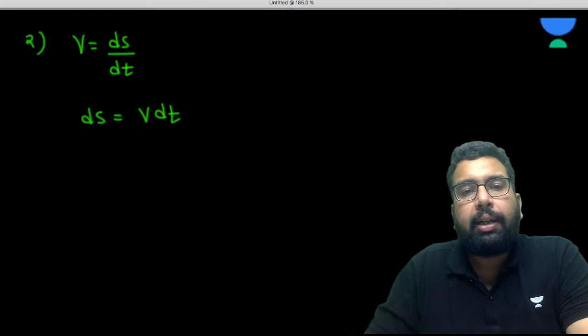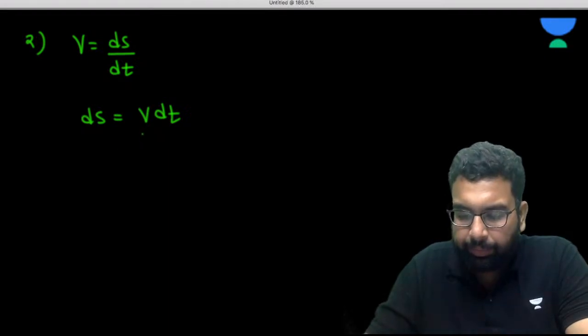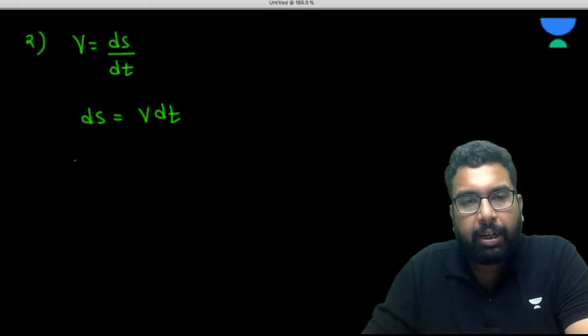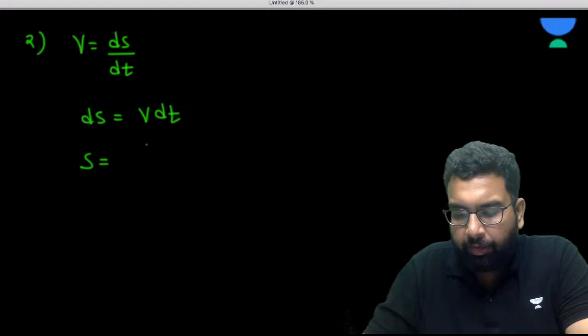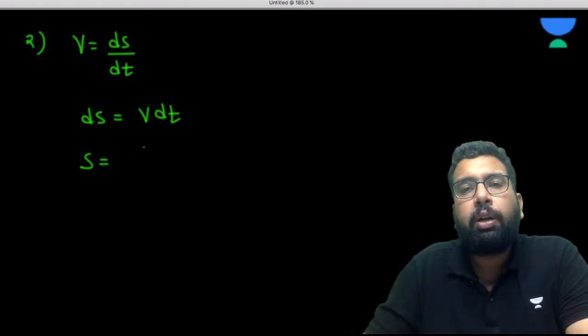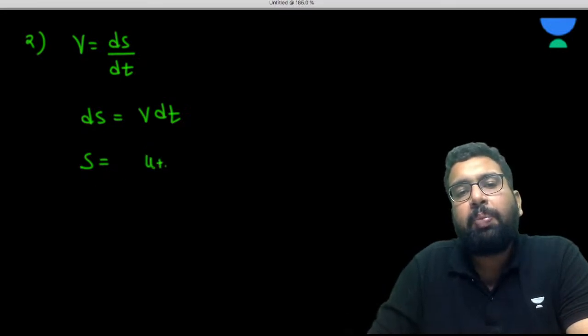Now we understand that ds is equal to v dt. Can I take v as constant or not, when I am integrating it, so it will be s here? Definitely, we cannot take v as constant because we just came to know that v is equal to u plus at. It is a function of t.